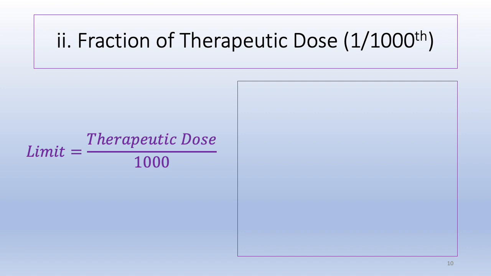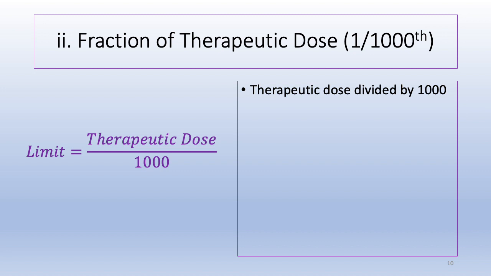Another one which they talked about was the fraction of the therapeutic dose, 1,000th of therapeutic dose. This one was probably a bit better, speaking as a toxicologist, because it took into account the therapeutic dose, the pharmacology, so to speak, of the drug in question or the potential contaminant.